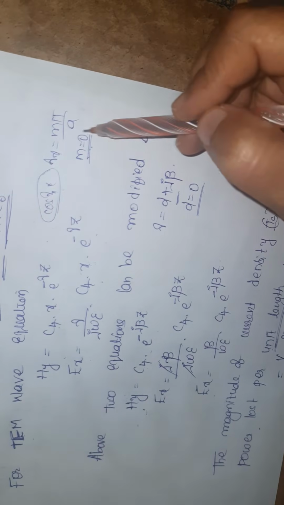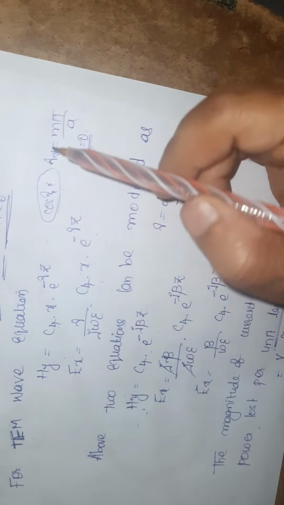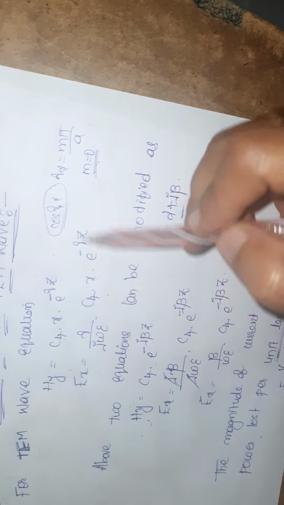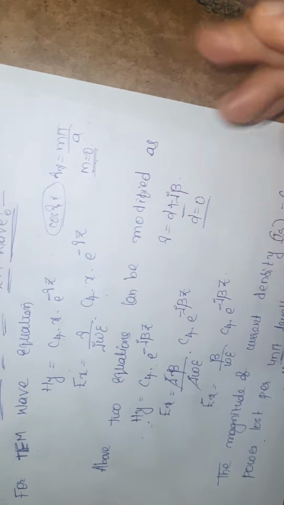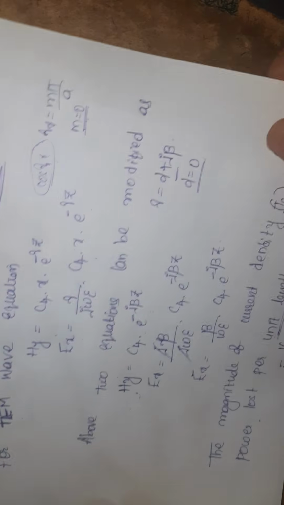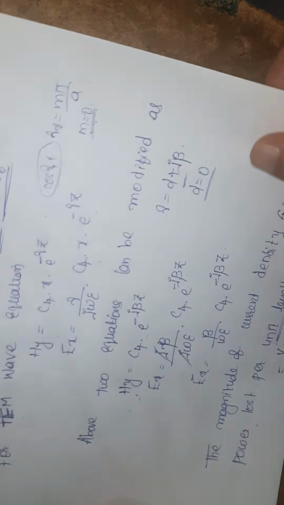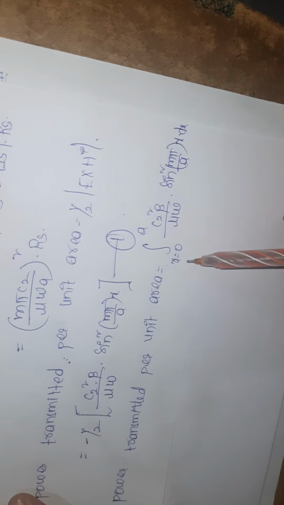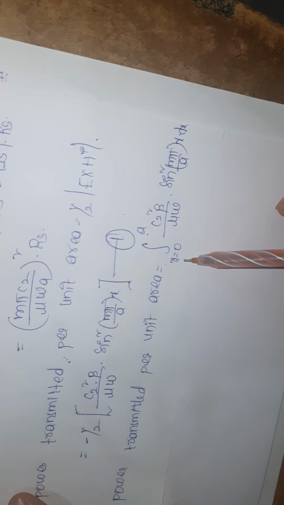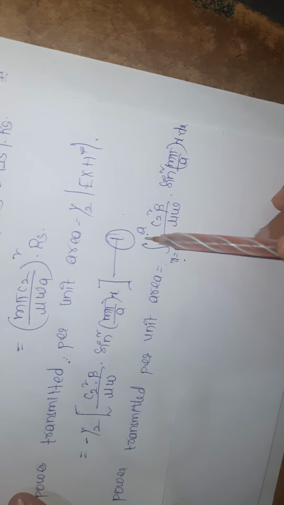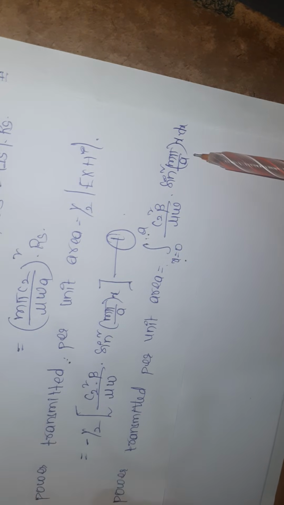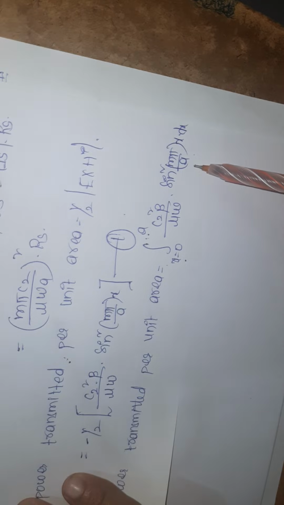If I substitute m is equal to 0, cos of 0 will become 1. So that's why we haven't considered the cos and sine terms. So we haven't considered the integration in TEM waves, but here in TE we are considering the integration from x is equal 0 to a, because the wave is restricted along x is equal 0 to a, and we are taking this integration because the sine terms are involved. So we have to do the integration from x is equal 0 to a.